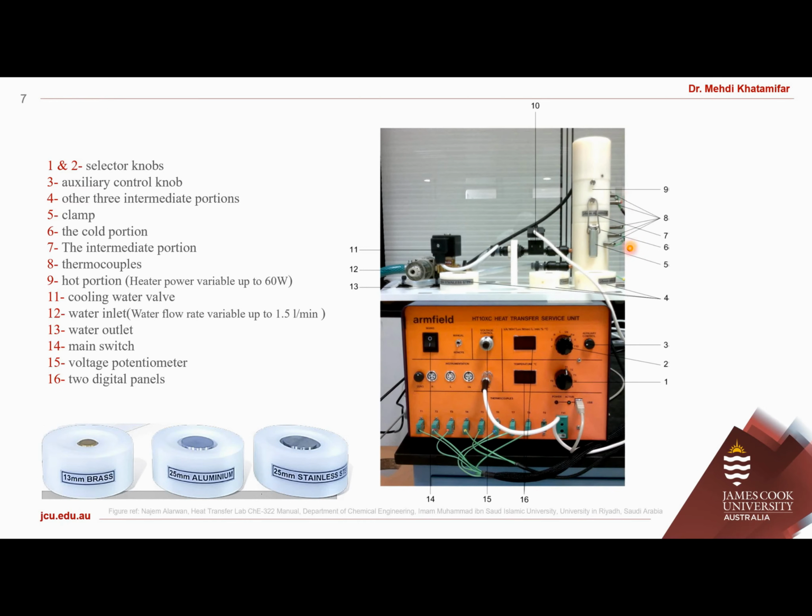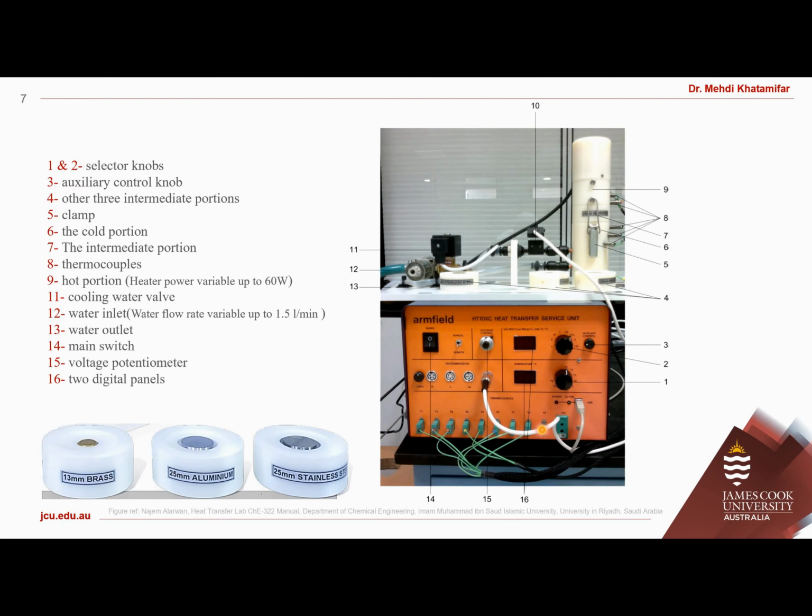All those thermocouples are connected to the controlling system using these green wires. As you can see here, from T1 to T8, we have 8 thermocouples: 3 upper side, 2 middle side, and 3 lower side.